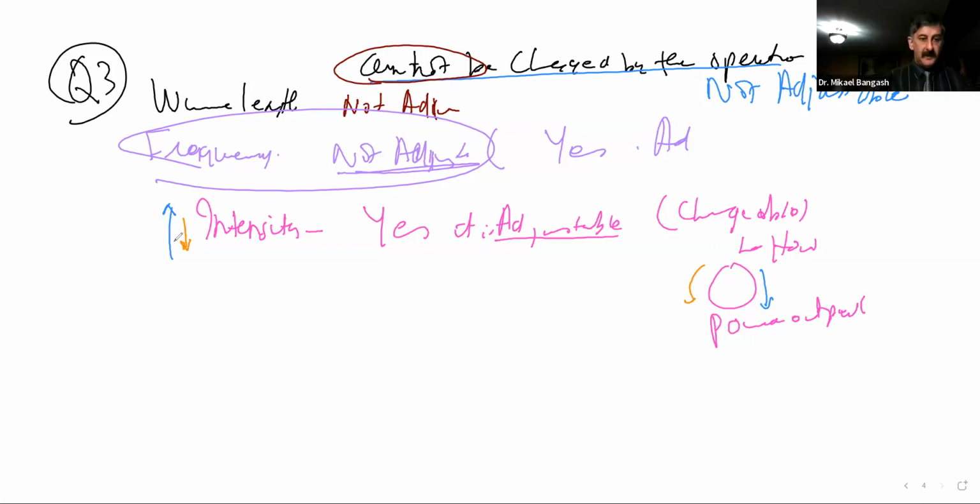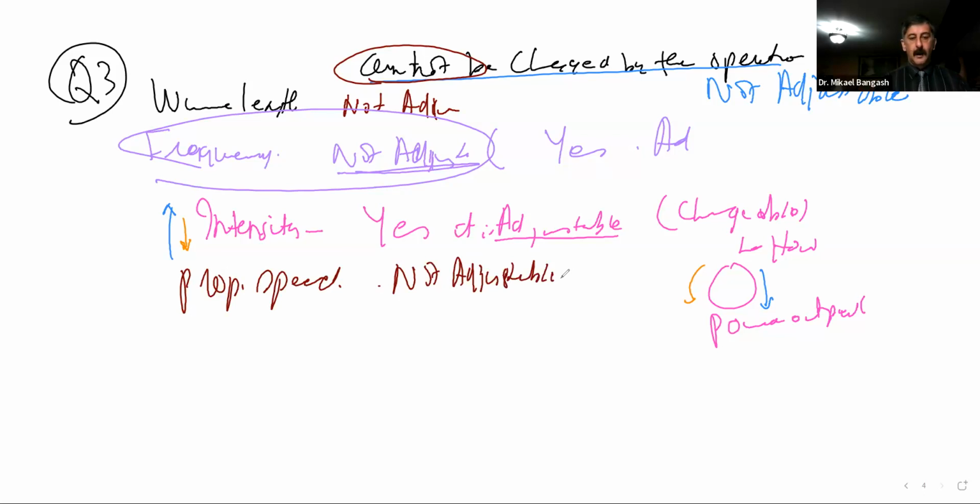Your propagation speed. That's not adjustable. You can't change it. Why? Because it's going to be determined by the media. So anything which is wholly and solely determined by the media is not adjustable.